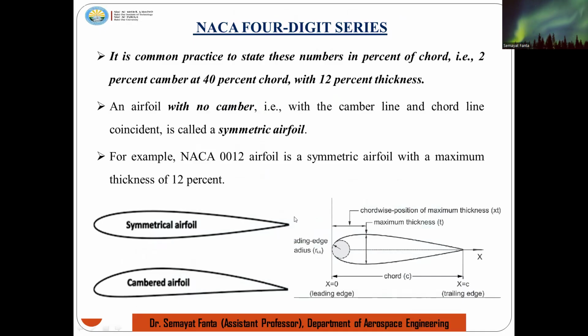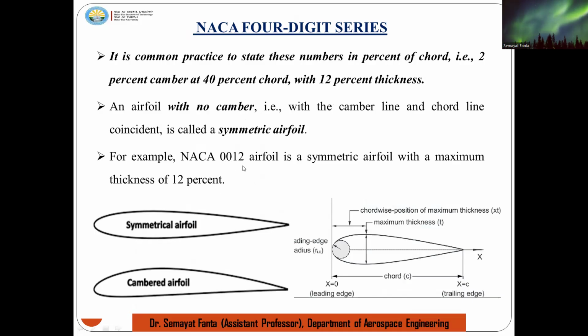In the NACA 4-digit, it is common practice to state the numbers in percent of the chord: 2% camber at 40% of chord with 12% of the chord as the thickness. An airfoil with no camber, which is known as a symmetric airfoil, will have the representation 0, 0, because we are not going to show the maximum camber and its location, so they are represented with 0, 0.